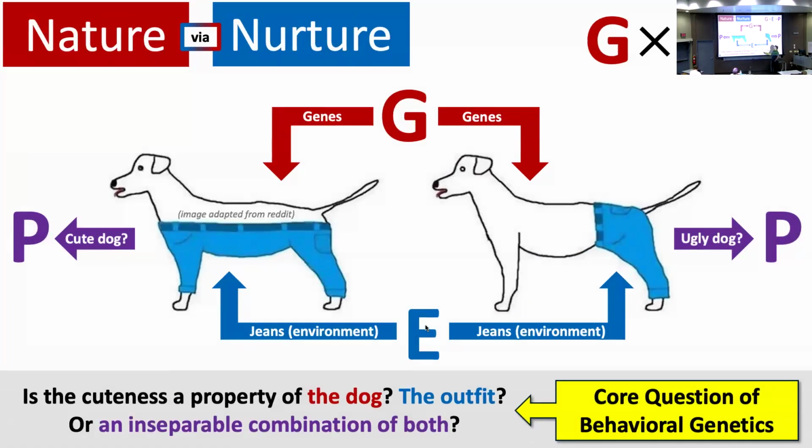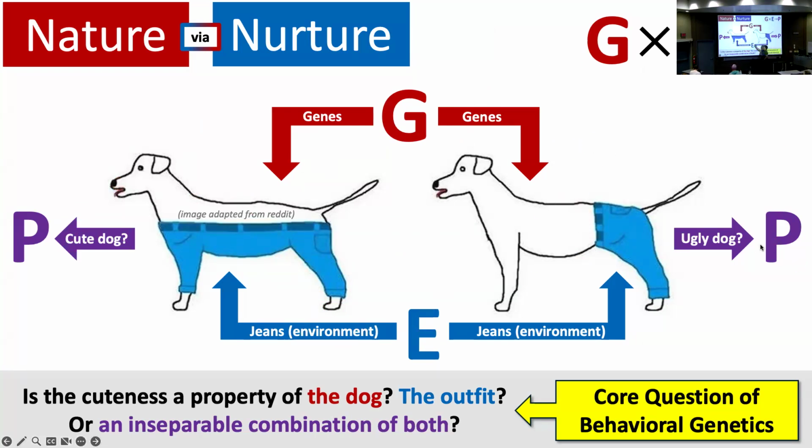So flipping back to our dog example here, nature via nurture, the big G genes is the dog. The E, the blue jeans, is the J genes that the dog is wearing. You might look at this dog and say, hey, that dog's kind of cute. You look at this dog and say, hey, that's kind of ugly.